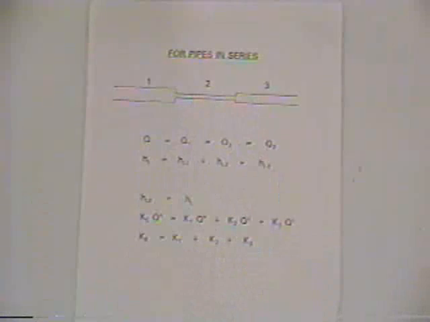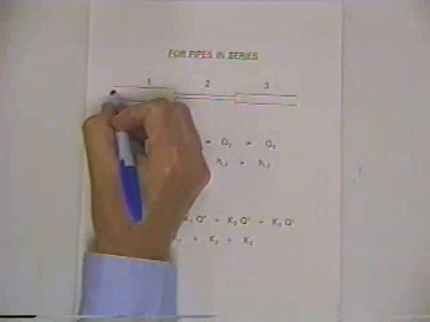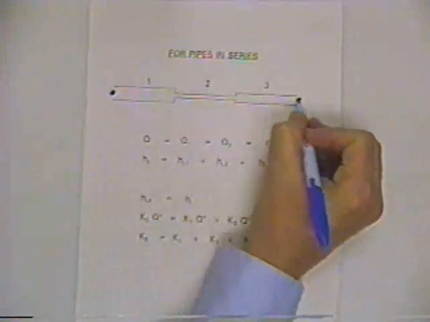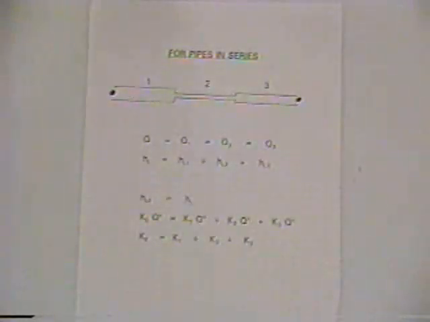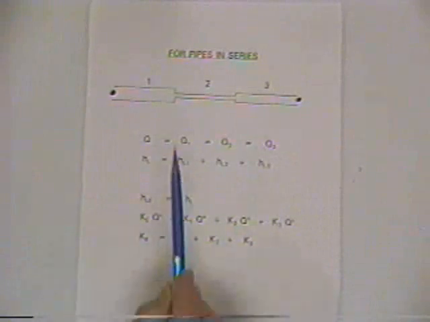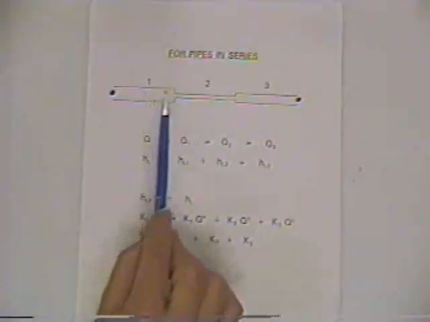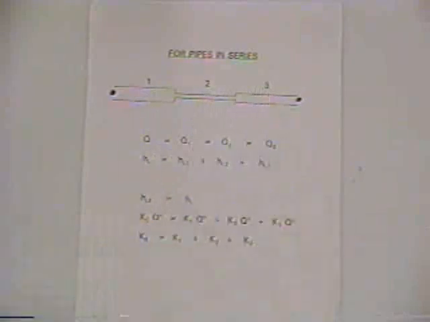So the Q's are going to be the same in all three pipes. What about head losses? The head loss is just the difference in head there and the difference in head there, so the total head loss between those two points is simply the head loss in this pipe plus the head loss in that pipe plus the head loss in that pipe. So the Q's are the same, and you sum up the head losses to get the total.